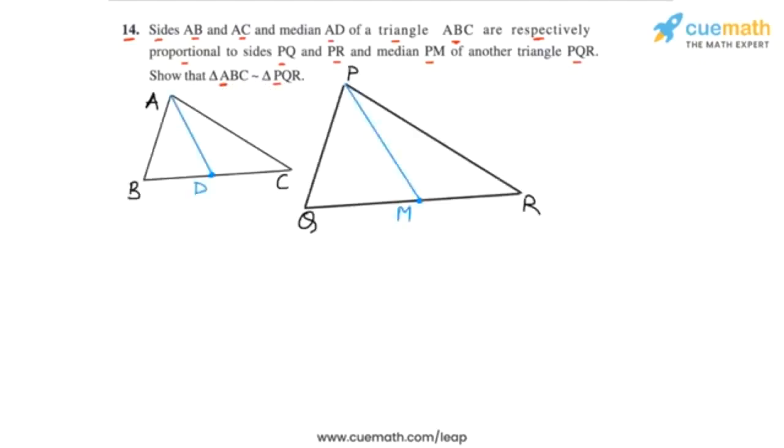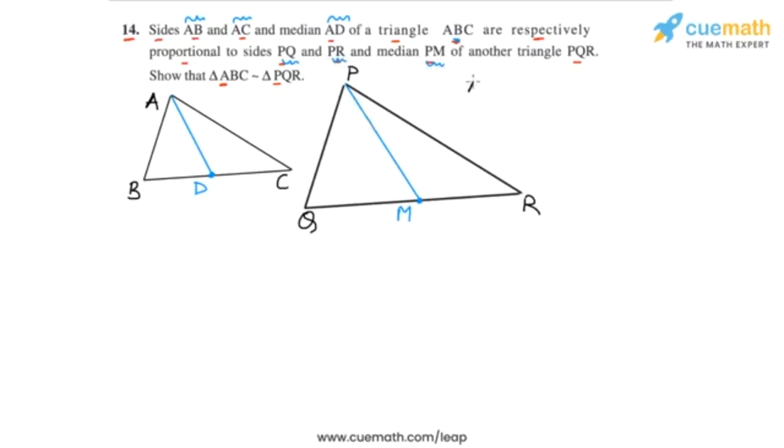Here are two triangles ABC and PQR, in which AD and PM are respectively the medians, and we are given that AB, AC and AD in the first triangle are respectively proportional to PQ, PR and PM of the second triangle. So let's write this fact.